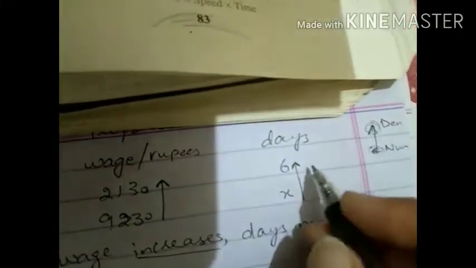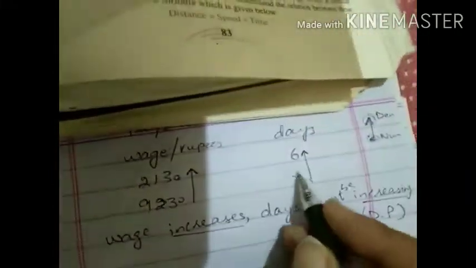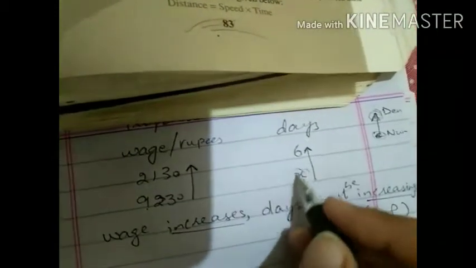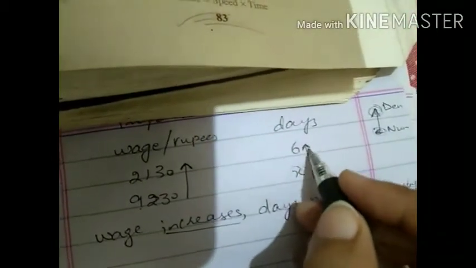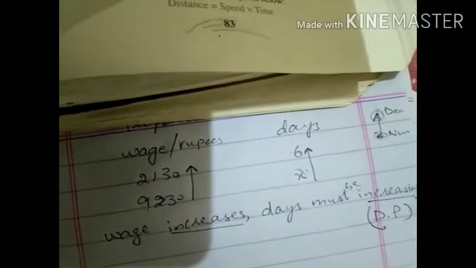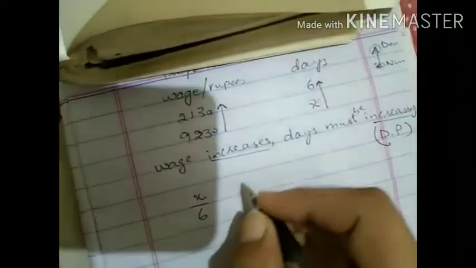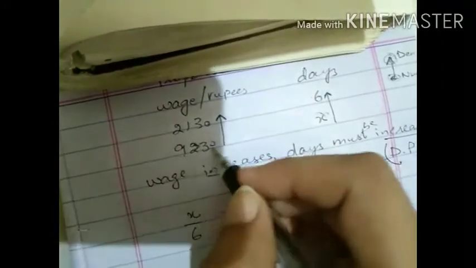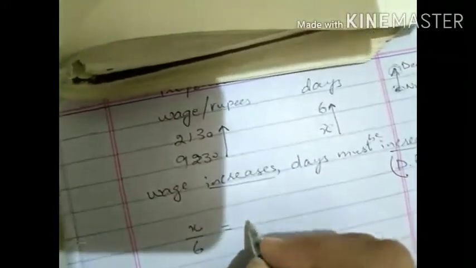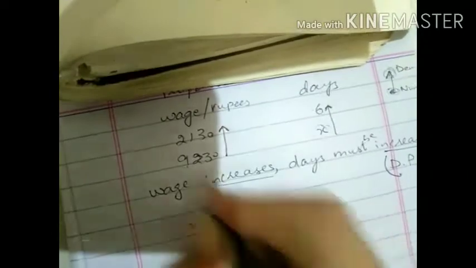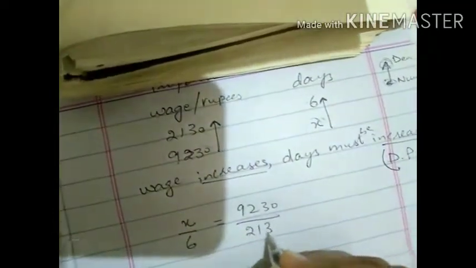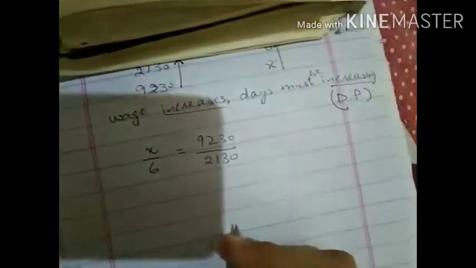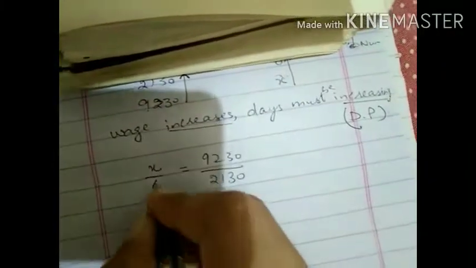So according to this rule, x, which is the numerator, and arrowhead 6 will be the denominator, making a fraction. Then equality, similarly with the same method, 9230 is the numerator because it is the arrow tail, and this one is the denominator. So find the value of x.